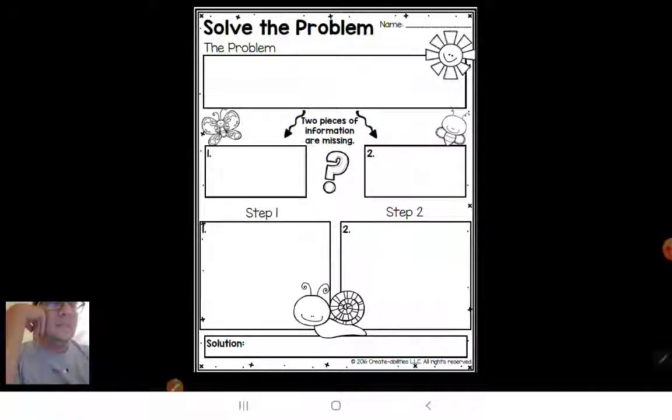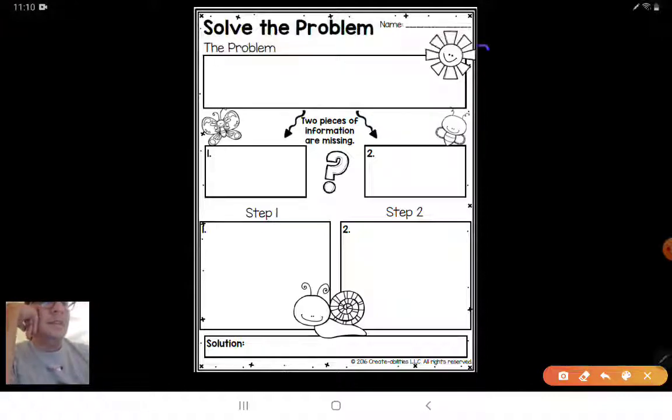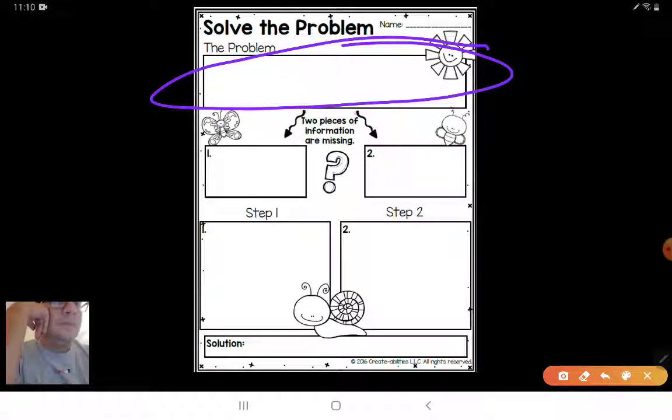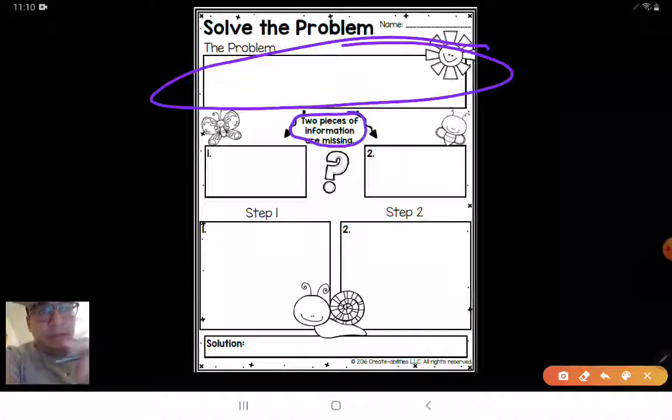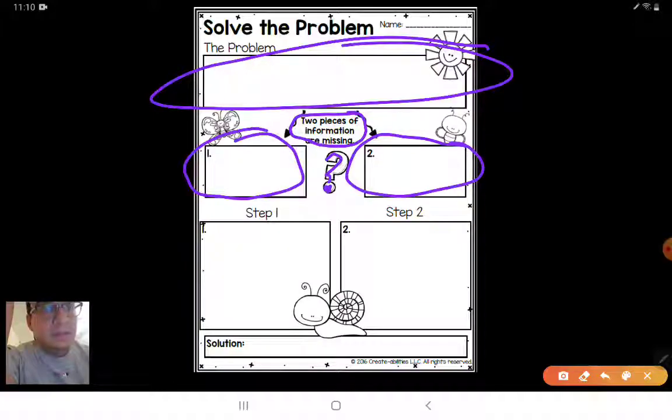And see the section where it says two pieces of information are missing. Those are the two questions. One piece of information goes here for question one, and question number two would go here. That's why we have this question mark here, telling us that's for question one and for question two.